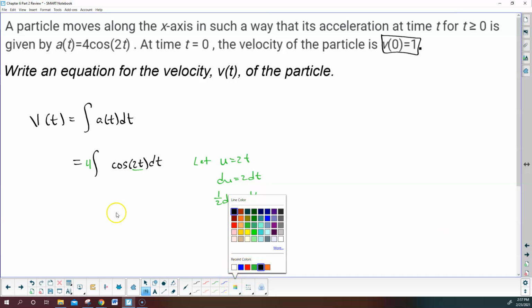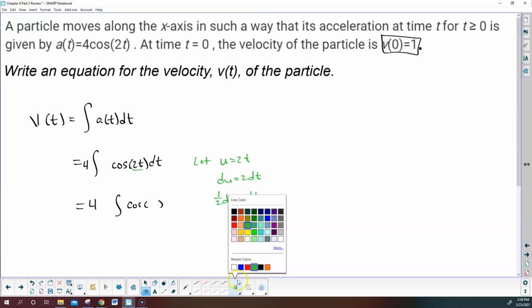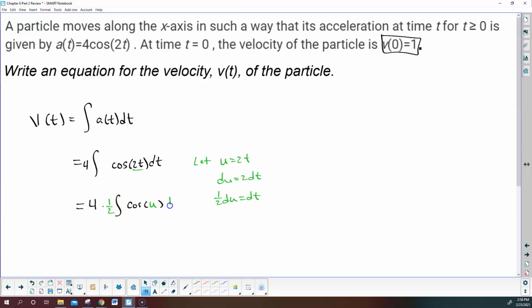And now I have an integral. I'm going to make this black just so it kind of stays with my color pattern. So what do we have? We've got cosine of u, and then the dt is going to be replaced by 1/2, which is a multiplier, so I'll pull that out. du, excuse me.